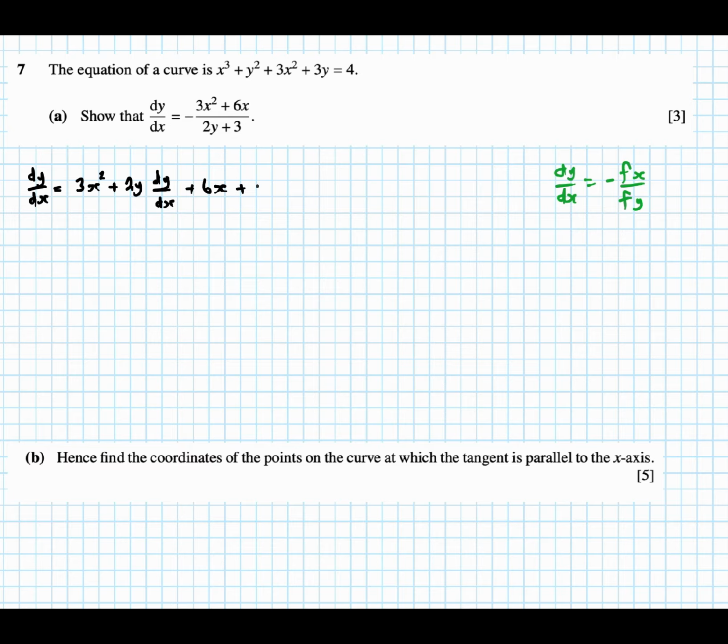So I'm just writing out here the derivatives of these. So we have y's mixed with x's. And so to deal with that, we add in a dy over dx with our y's. And then from there we can simplify it out. So I've got my dy over dx. Those parts have a 2y plus 3. And then of course I've minus 3x squared and 6x.